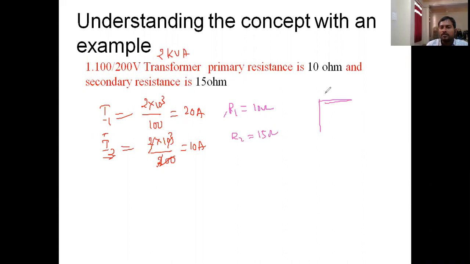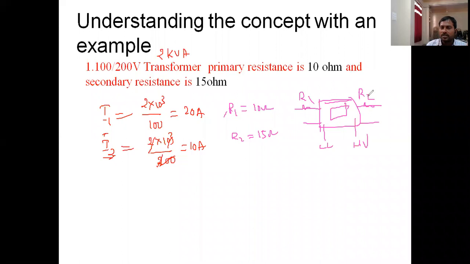This is R1, and here this is R2, this is LV, and this is HV. So now let us discuss the equivalent circuit referred to primary and secondary.